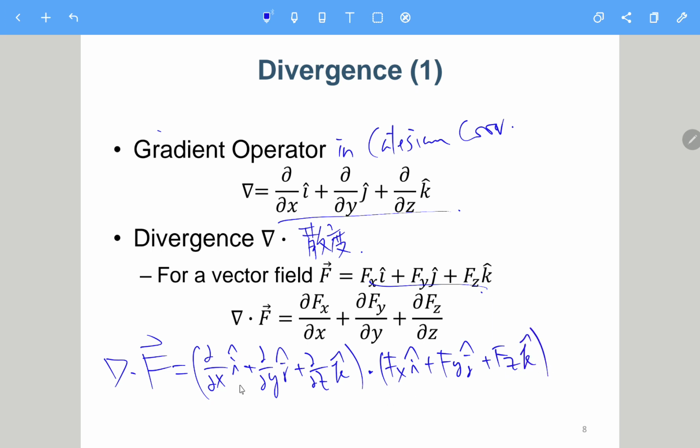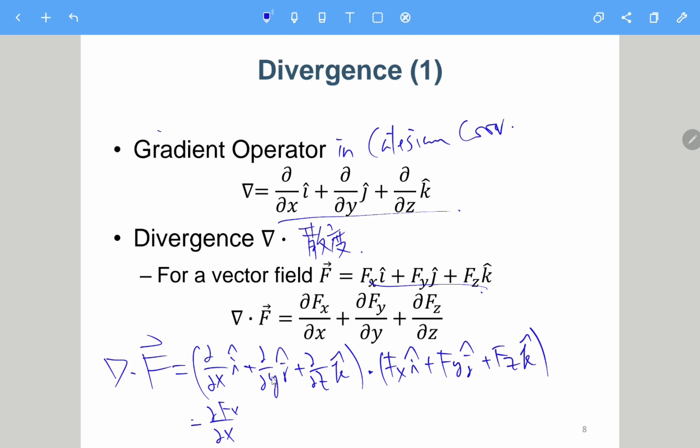Okay, so you need to distribute the first term here with the first term here. So i dot i will be 1, so we will have partial x fx. And then the first term with the second term, i dot j will be 0, so we have a 0. The first term with the third term, i dot k will also be 0.